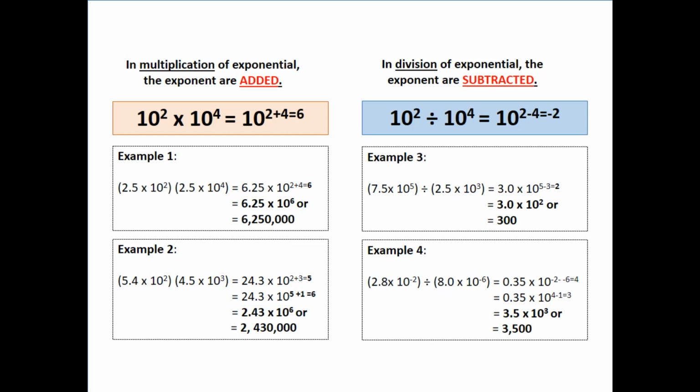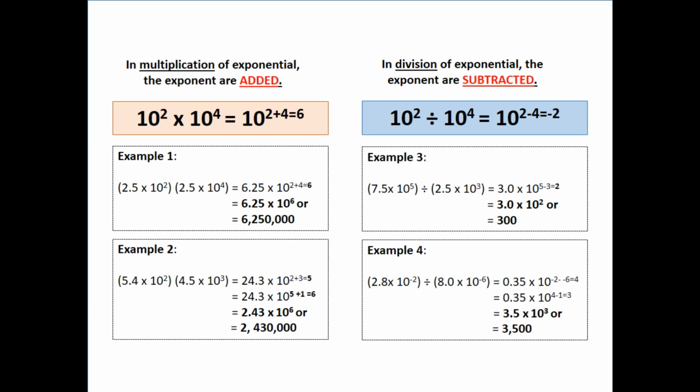So it will become now 6.25 times 10 raised to the power of 6. So again, in multiplication, you're going to add the exponents. So if you are going to transform this in its standard form, you will have 6,250,000. Okay, so another example, example number 2.